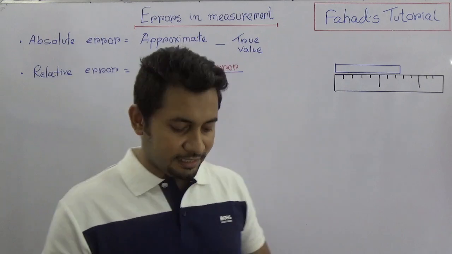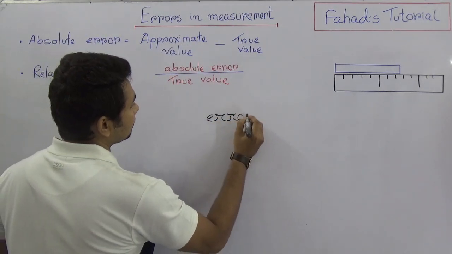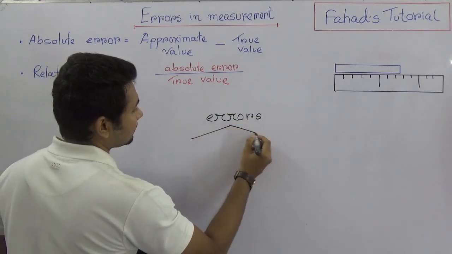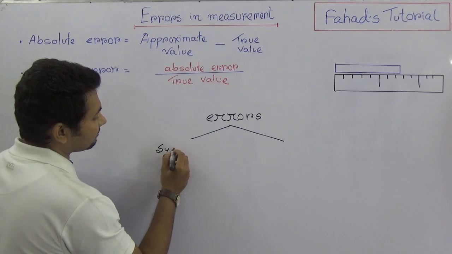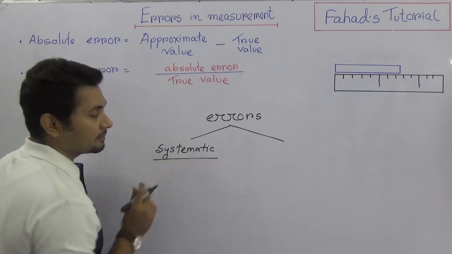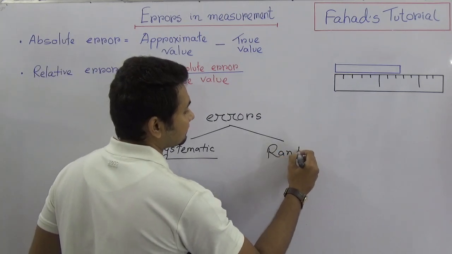So theoretically, we can say these errors can be of two types. Number one, the errors can be systematic, and in other cases, the errors can be random.